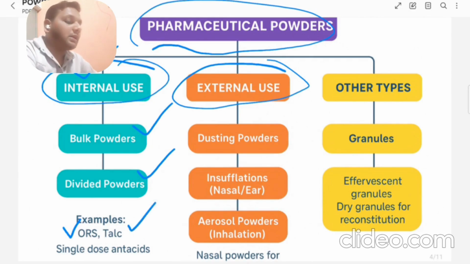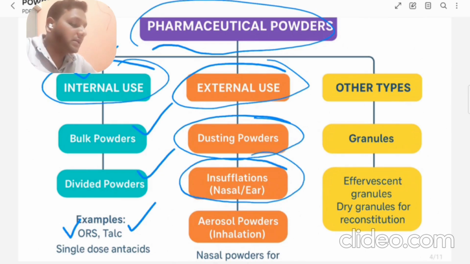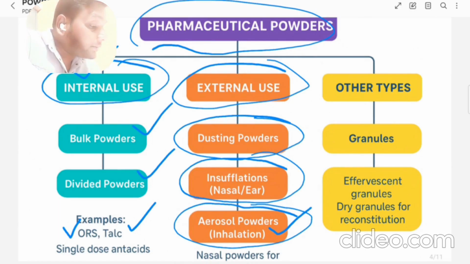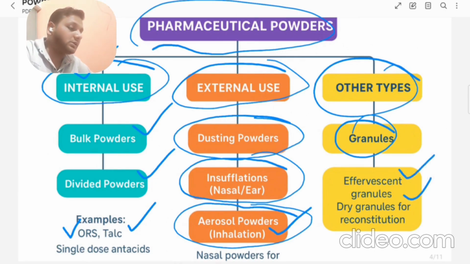Then external powders which are applied on the body surfaces, like dusting powders, then insufflations which are used in the nasal and ear route. Then some aerosol powders which are taken by the inhalation route. Then other types like granules, such as effervescent granules, then dry granules for reconstitution.